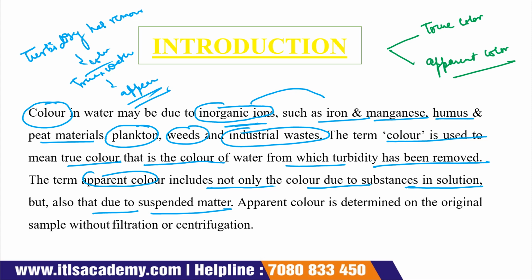Okay, now the apparent color means that the color appears due to the substances present in a solution, along with the suspended matter, due to which the dark color that appears is called apparent color.